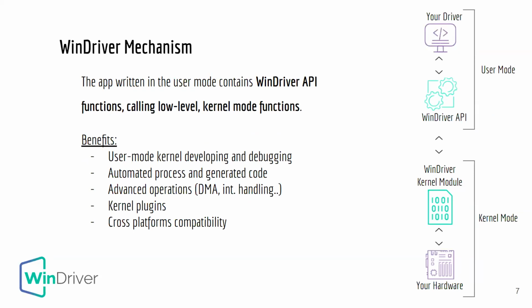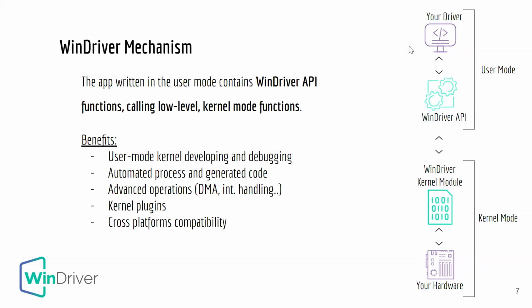Very generally, the mechanism: we have the user mode, the application layer. This is where our driver takes place, and we have our API, the WinDriver high-level API. I will talk about high and low-level APIs in the next slide. In our API, you can call high-level functions, and they communicate with low-level functions in the kernel mode.